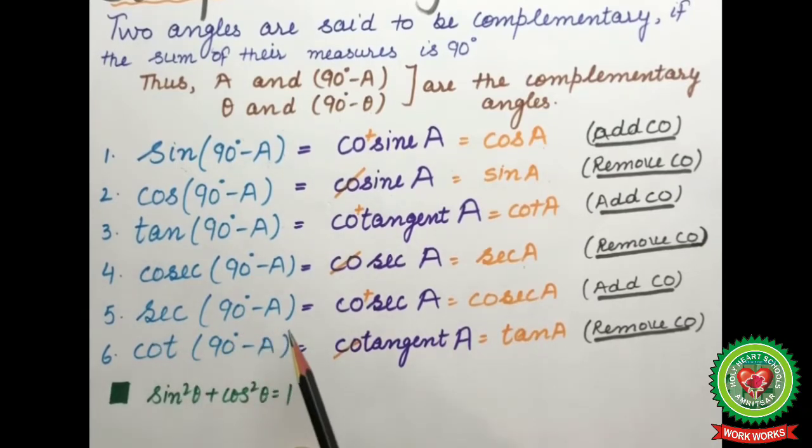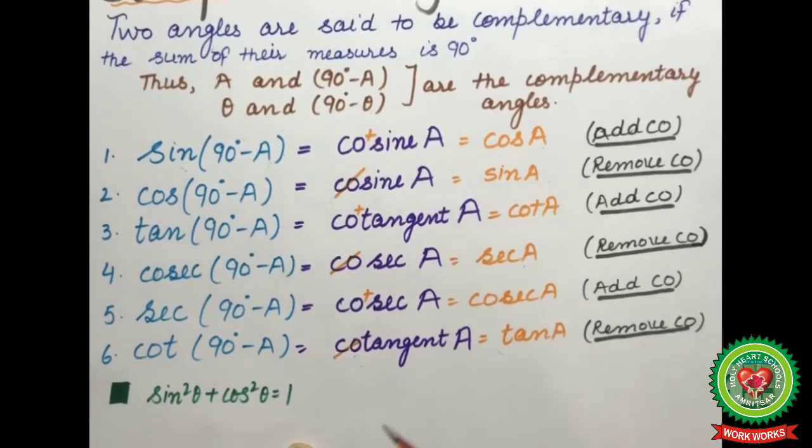Secant 90 minus a will be equal to, now in this t ratio, co word is not there. So we are going to add co in it. So on adding co, we will get it to be equal to cosecant a. Cotangent, or in short cot 90 minus a will be equal to, now this t ratio is having the word co. So we are going to cut this co. So on removing this co, we get it to be equal to tan a.